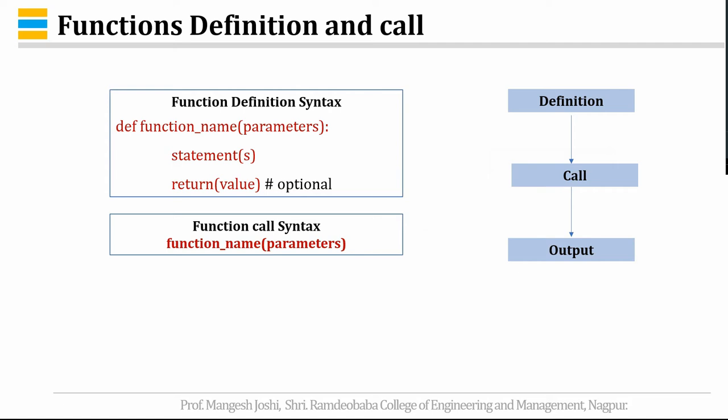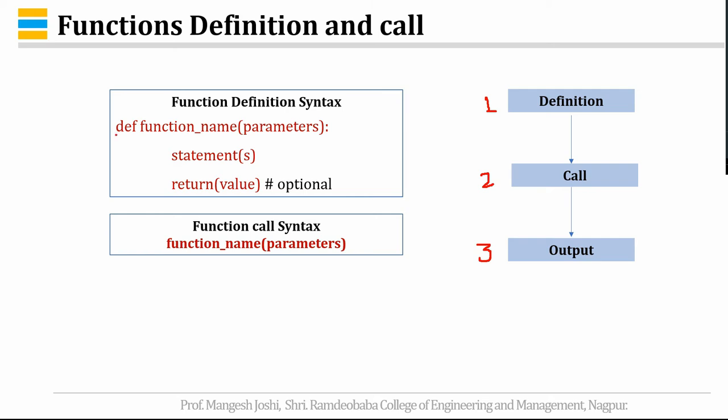A function definition and call. If you see the sequence, first we have to define the function with a name, then you have to call it, and then it will display some output or do some particular task. So what is the syntax? How to define a function?